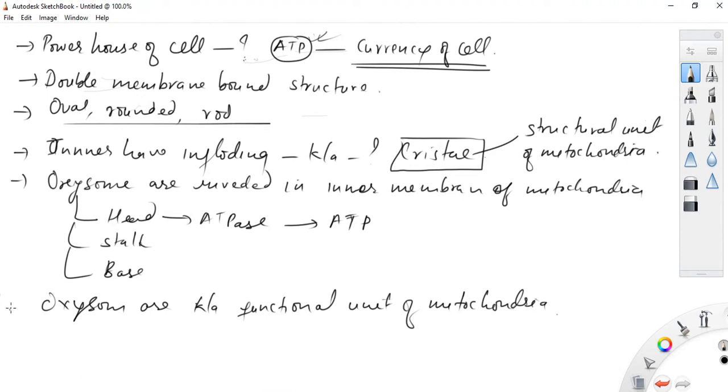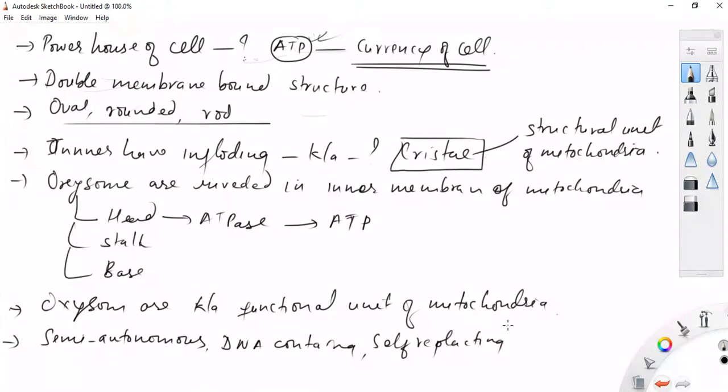So mitochondria are semi-autonomous, DNA-containing, self-replicating cell organelles. What do you understand by semi-autonomous?